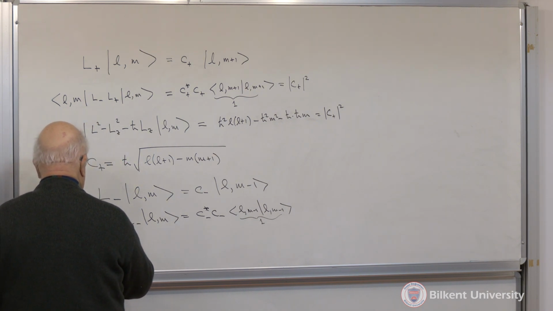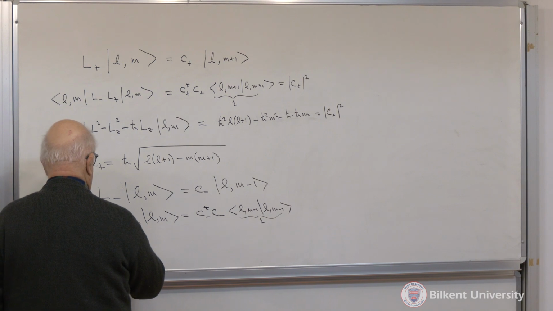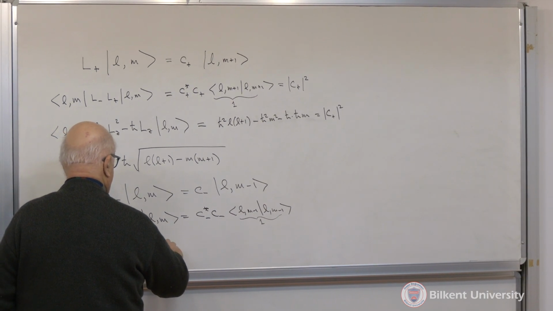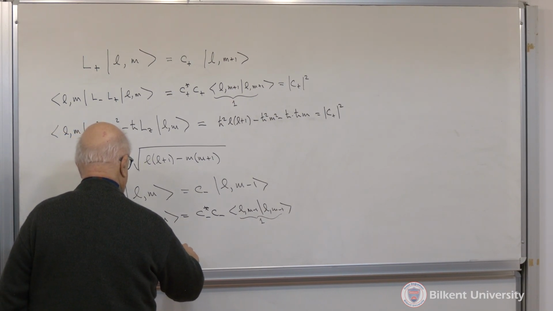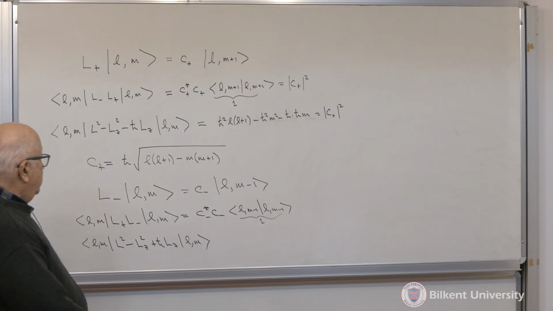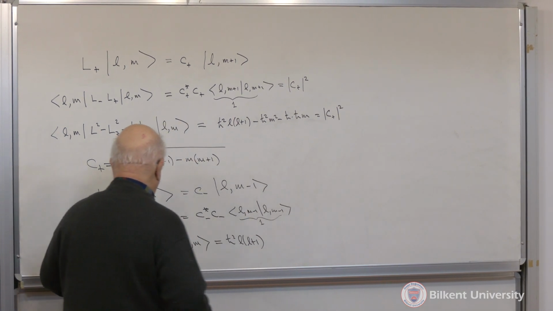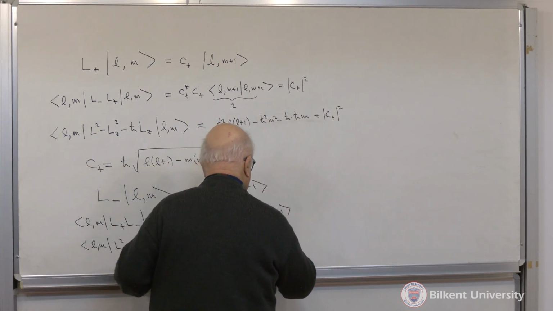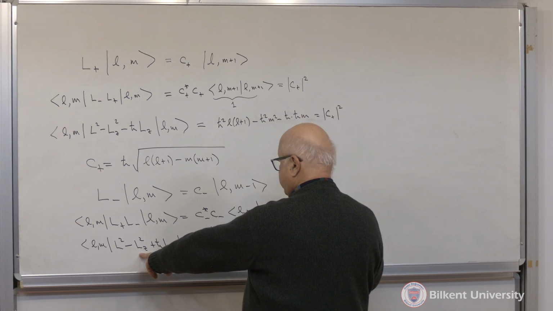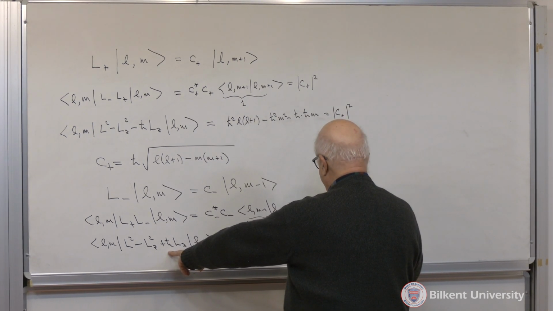So it's going to be, apart from a change in sign, so I have to be careful, L squared minus L z squared plus h bar L z on l m, which gives me h bar squared l(l+1) minus h bar squared m squared plus h bar squared m.